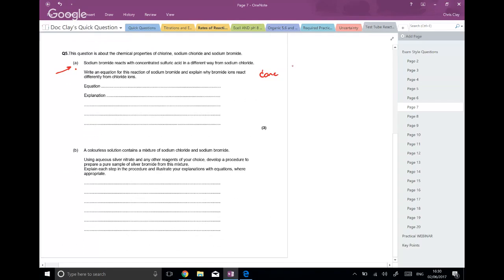I'm not going to look here at the concentrated sulfuric acid questions, but that's what 5A is looking at.